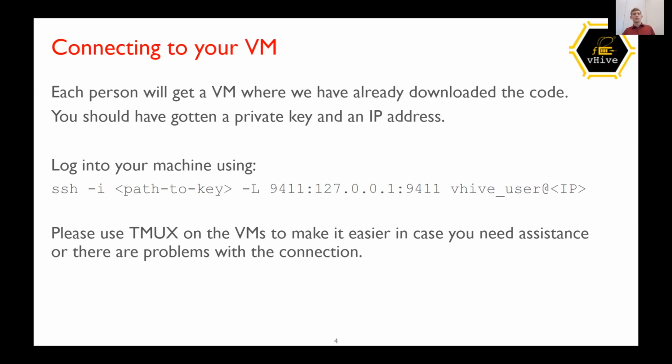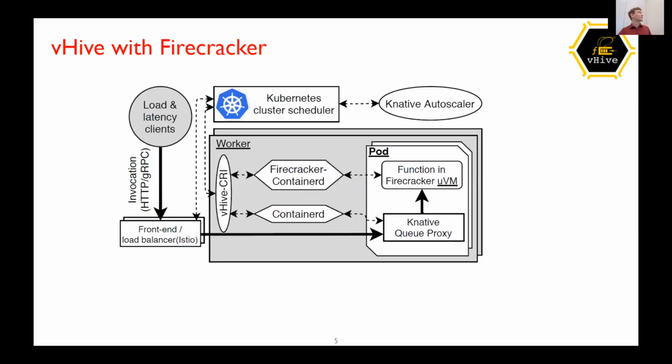All right. First I'll have a quick look again at what Firecracker looks like. This should be somewhat familiar to you. You can see that on one worker, in the middle of the graph, you have the vHive CRI, which is the container runtime interface, which manages the worker.